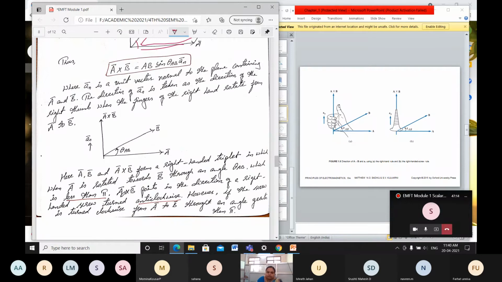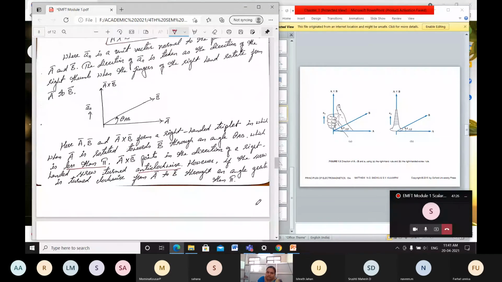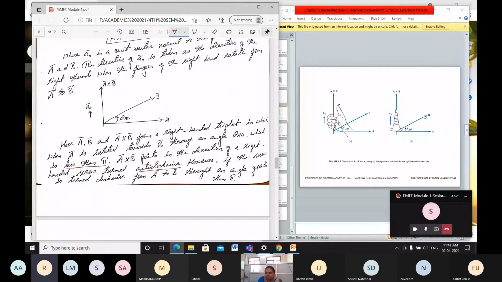Then A bar cross B bar points in the direction of right-handed screw turns in the anti-clockwise. However, if the screw turns in the clockwise from A bar to B bar through an angle greater than pi, if it is going to move towards greater than pi, more than pi means after 180 degrees, 270 or 360, within that limit, it's going in a downward direction.